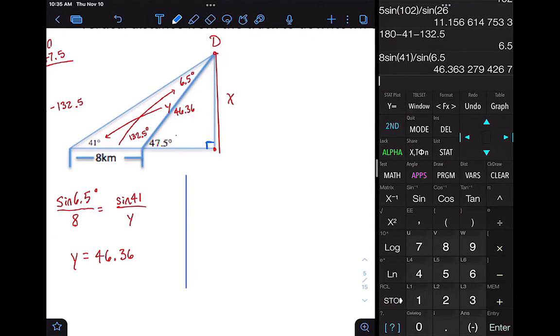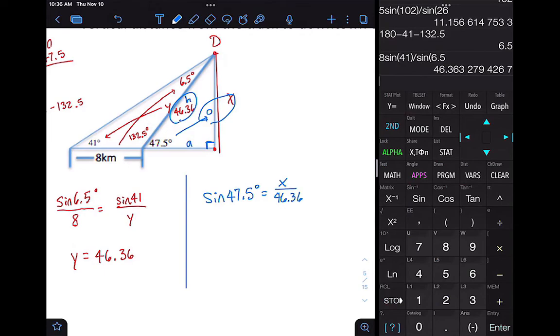Like I said, I'm going to use this here, and I'm going to say this is the opposite, this is the adjacent, this is the hypotenuse, and just good old-fashioned trig. We need to use O and H, that would use the sine function. You can say sine of 47.5 degrees equals x over 46.36.